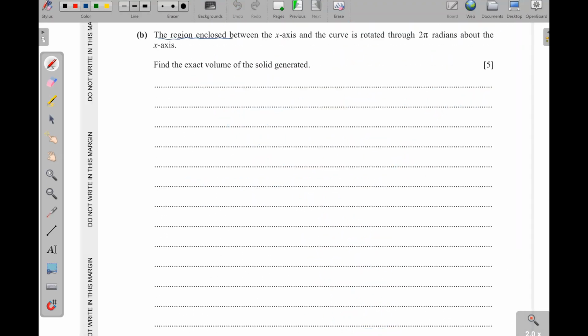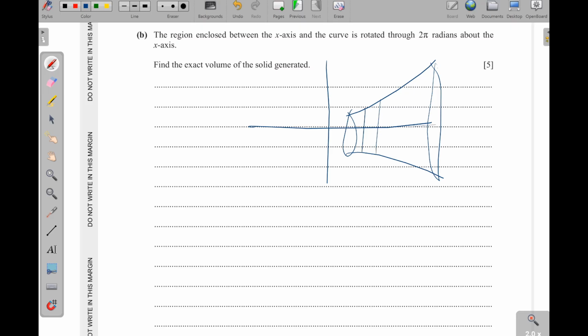Part B, the region enclosed between the x-axis and the curve is rotated through 2 pi radians about the x-axis. Find the exact volume of the solid of revolution. Remember, if you have, maybe this is your curve, and you rotate it about x-axis, you are going to produce something like that. Then we strip this one into very many small cylinders.